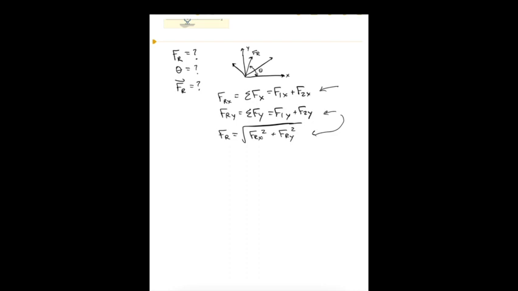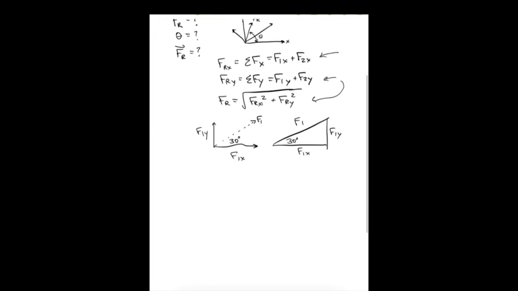So let's do that. So let's work on F1 first. Again, F1 is pointing this way to the right, so we see that F1x and F1y are the components of F1. And we know that this angle is 30 degrees. So I'll draw a triangle, 30 degrees, F1x, F1y, F1. And now I can use trigonometry.